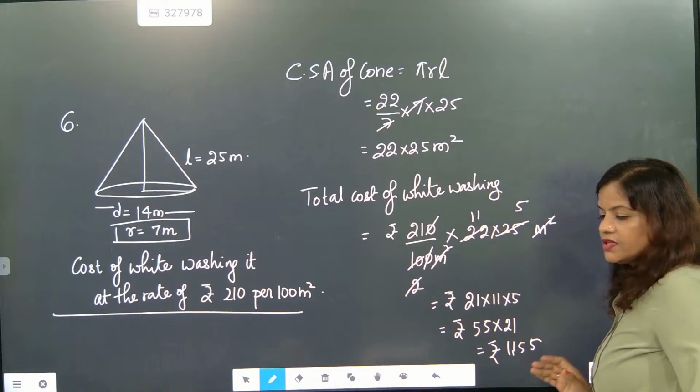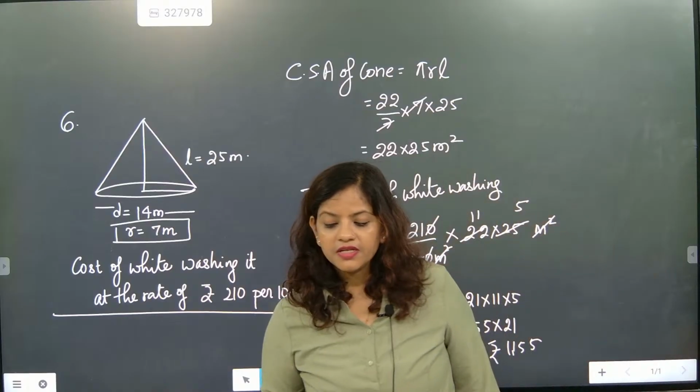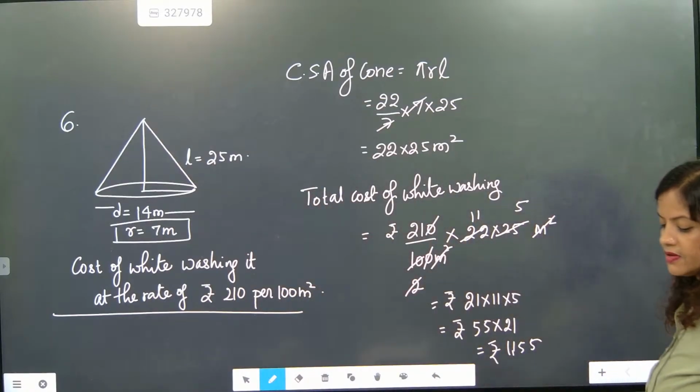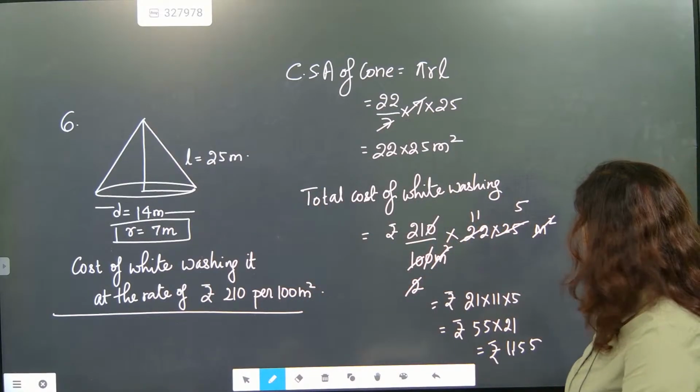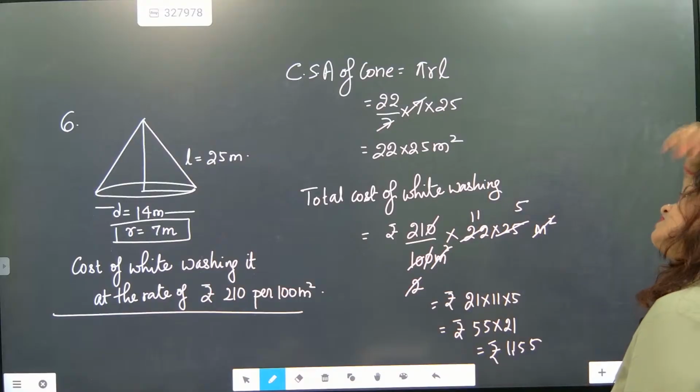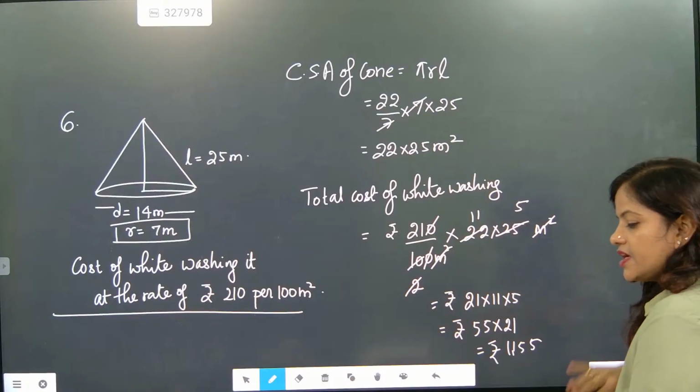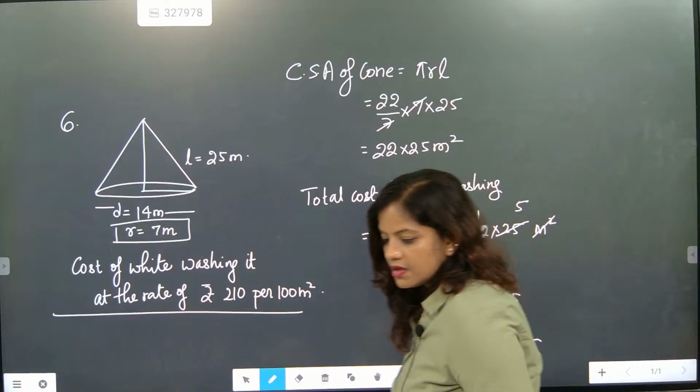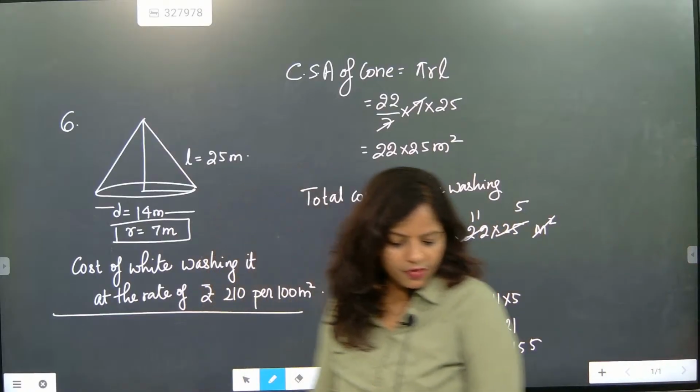Answer is coming as 1155. Tanisha, Arunisha, check the answer, beta. 1155 is the answer. Yes, NCERT book, beta.